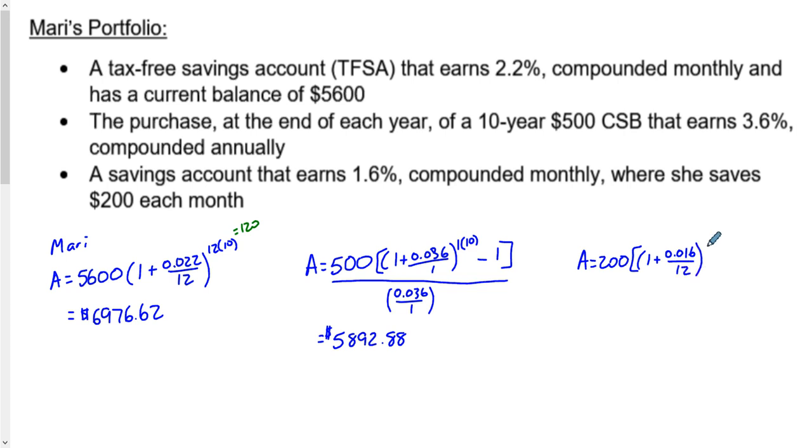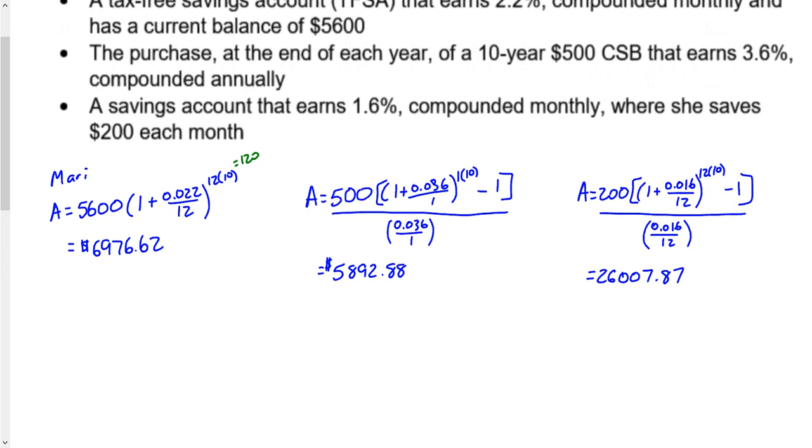Compounded monthly, so different monthly compounding periods as well. 0.016 over 12. We get $26,007.87.